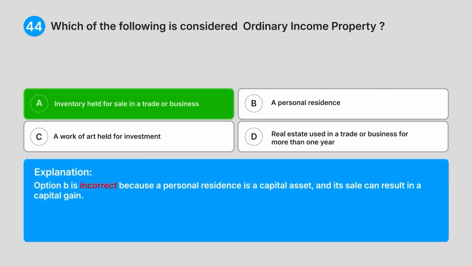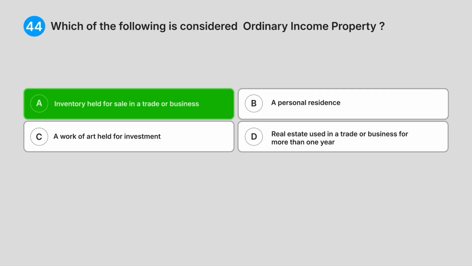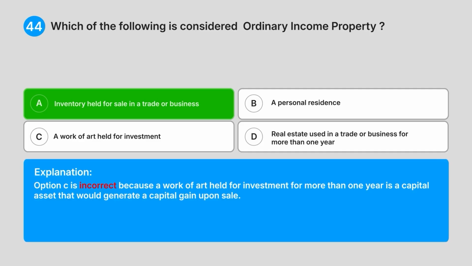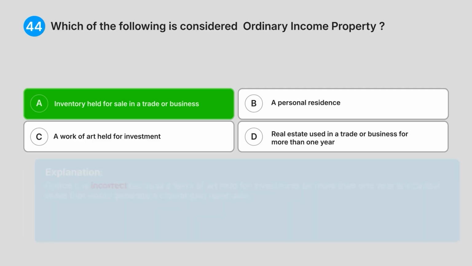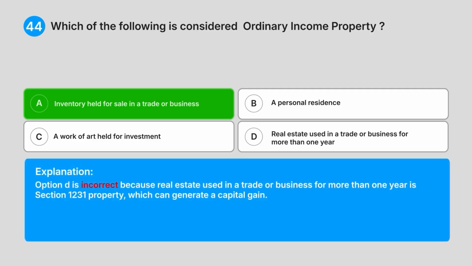Option B is incorrect because a personal residence is a capital asset, and its sale can result in a capital gain. Option C is incorrect because a work of art held for investment for more than 1 year is a capital asset that would generate a capital gain upon sale. Option D is incorrect because real estate used in a trade or business for more than 1 year is Section 1231 property, which can generate a capital gain.